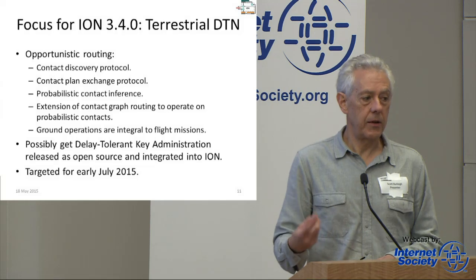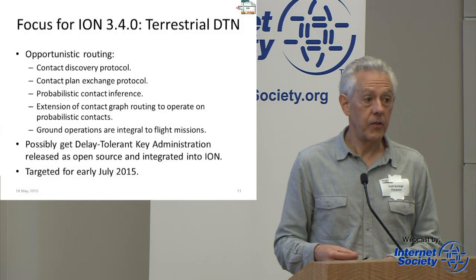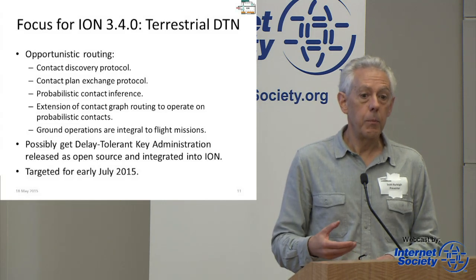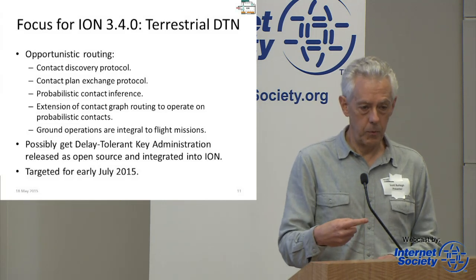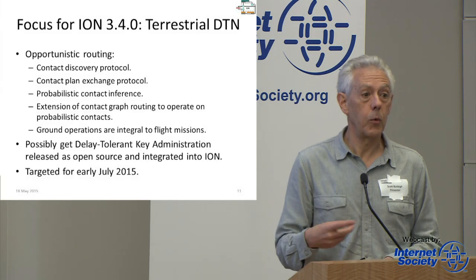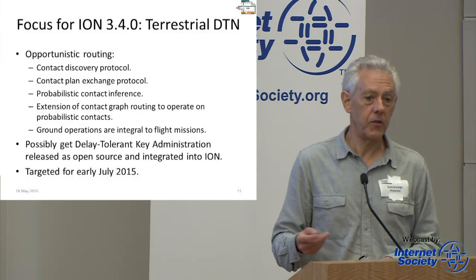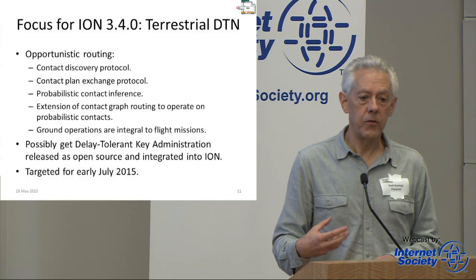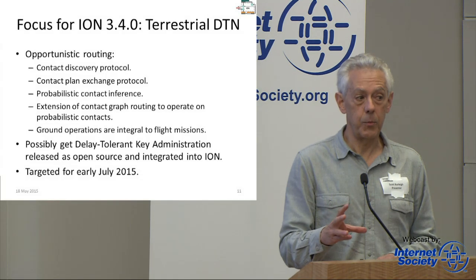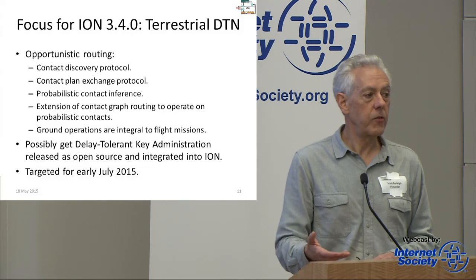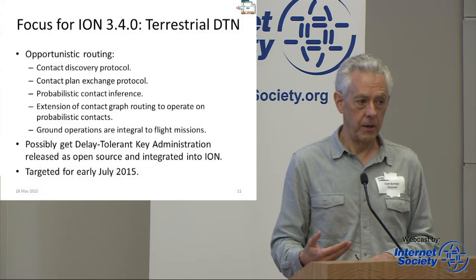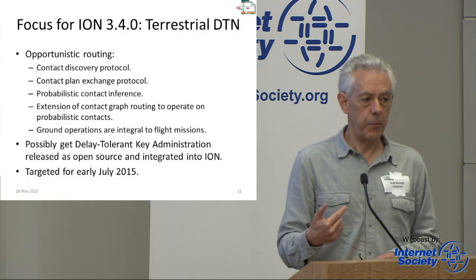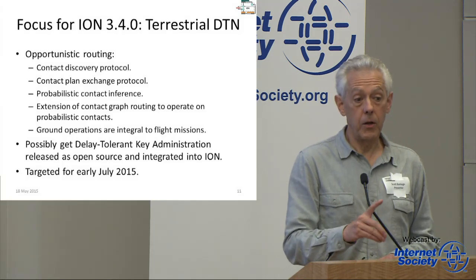If we add to that structure contacts that we think will happen, that have some probability of occurring, that maybe we learn from contact with other nodes and exchanging what we know of each other's past history, then we can build a contact plan that doesn't have as much certainty in it, but has a certain degree of probability that is maybe reinforced by continued contact.